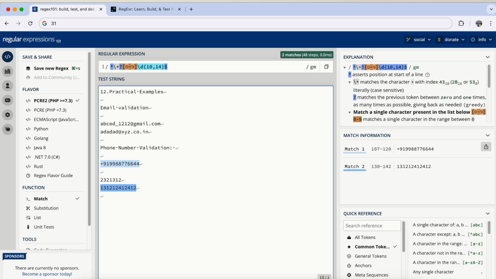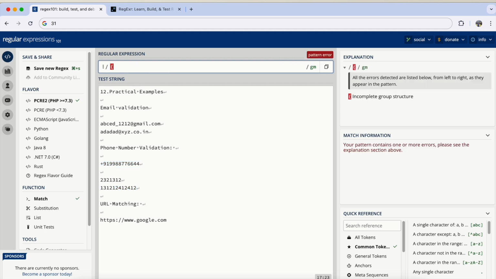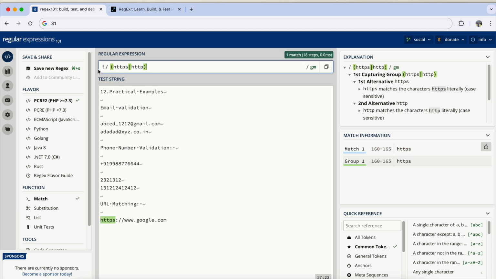Now let us look into how to match a URL. Let us say https://www.google.com, right? We want to write a regular expression to match this URL. A URL can sometimes be http or https, right?